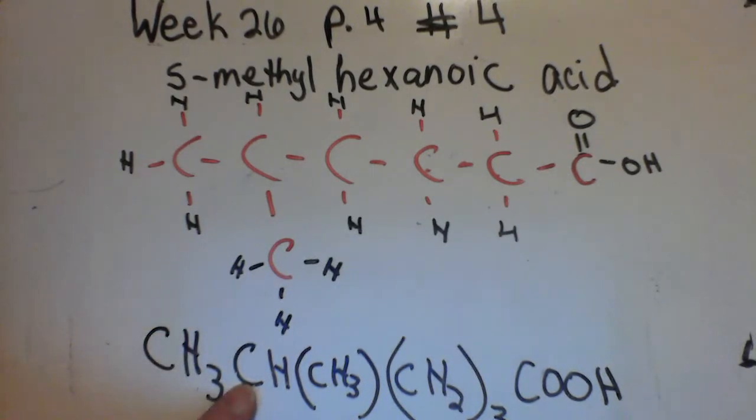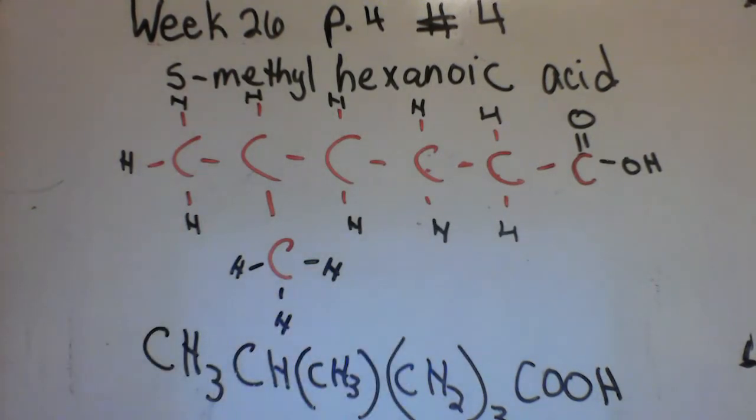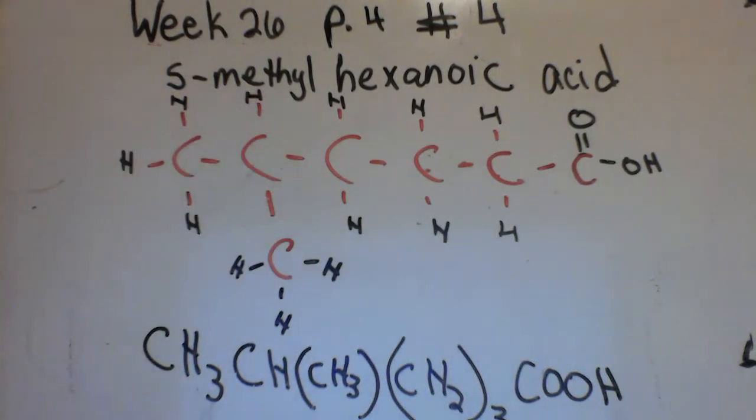This carbon is bonded to the carbon over here, 1 hydrogen makes 2, the methyl branch makes 3, and then the next carbon makes 4 bonds. As you can see right here, 1, 2, 3, 4. And that is the condensed structural formula for 5-methylhexanoic acid.